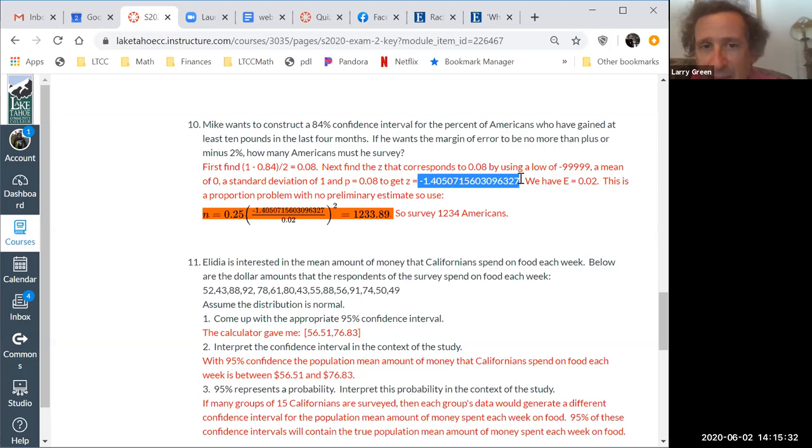I obviously copied and pasted it. E is 0.02. I pop it into the formula for sample size, and I got 1233.89. You always round up. It's a pretty number, 1, 2, 3, 4. Isn't that pretty? I didn't plan that either. Any questions on number 10?